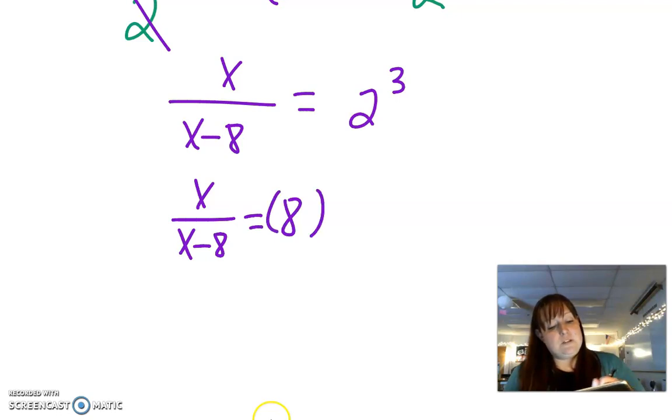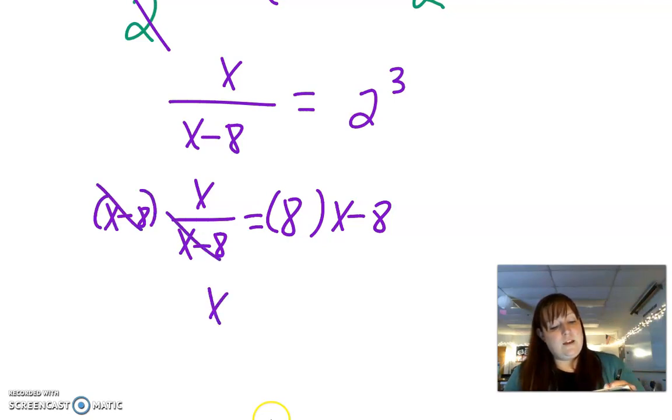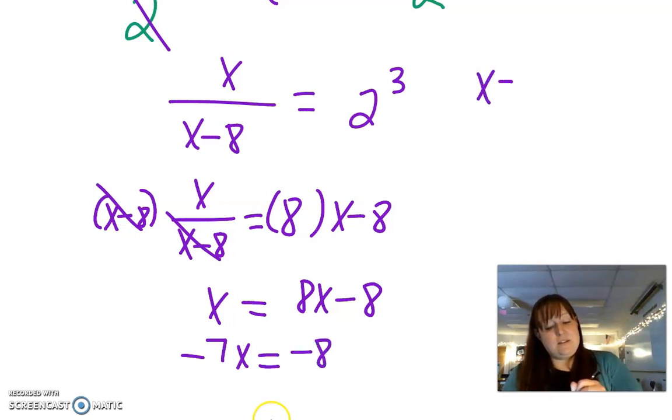I multiply both sides by x minus 8. Those become 1, and I have x equals 8x minus 8. And then I subtract 8x from both sides. I get negative 7x equals negative 8. And in the end, I have x equals 8 sevenths.